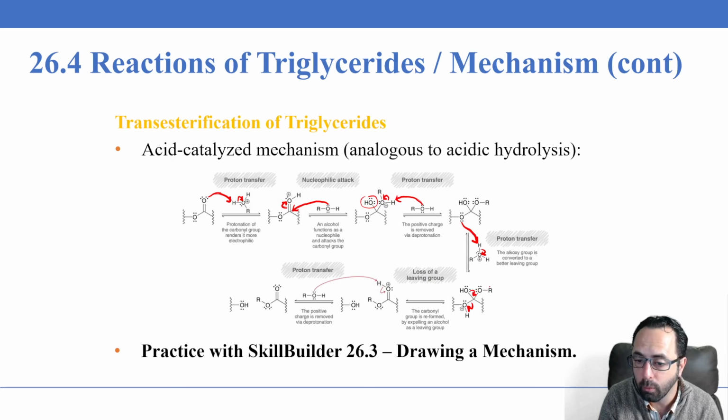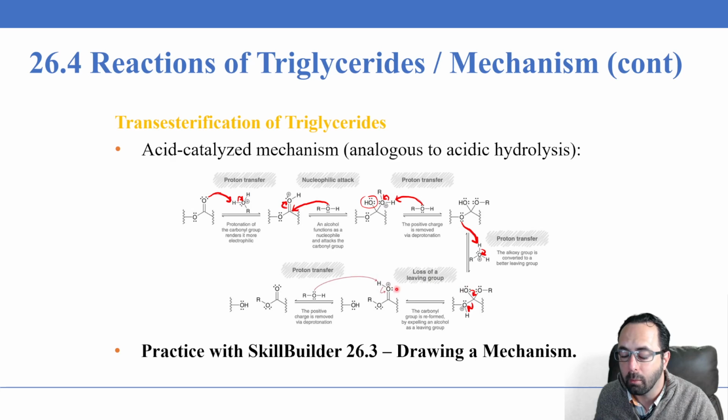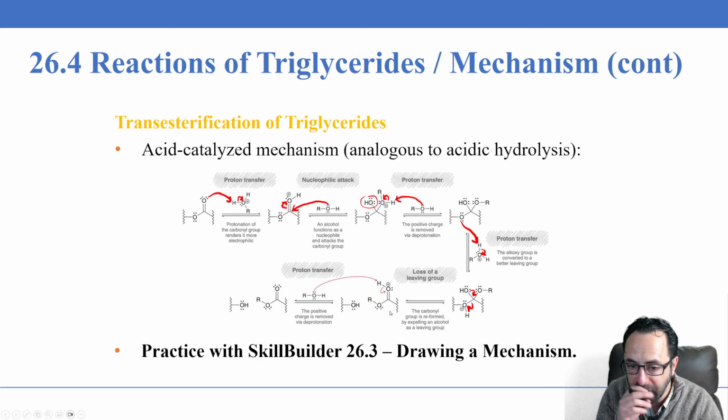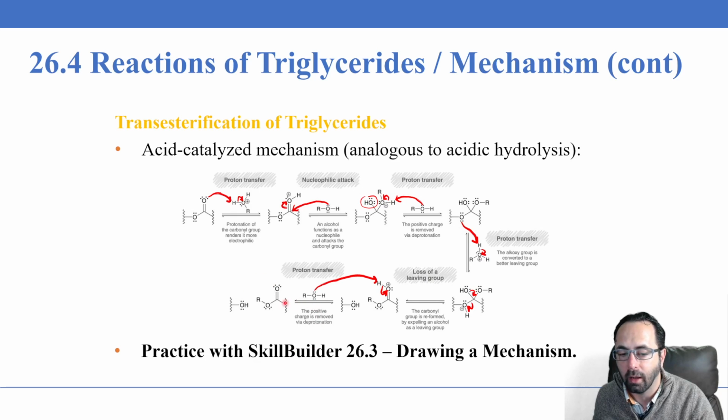Next, this oxygen now is making 3 bonds because it has this double bond, and 2 to carbon and 1 to hydrogen, and it has 1 lone pair. So that means it has a positive formal charge. So now this reaction is going to be taken to completion by the alcohol here deprotonating that. So we grab the proton, leave these electrons behind here, and finally we have our hydrolyzed ester. We produce an alcohol and an ester.